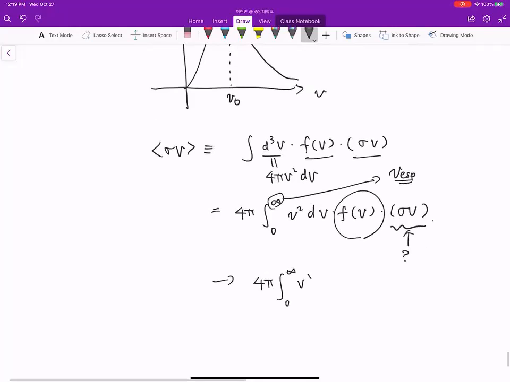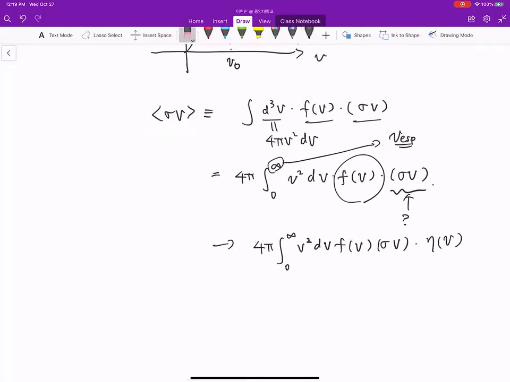You can keep it like this. Maybe you have seen this eta of v. Let me introduce the zeta function, the step function, right?